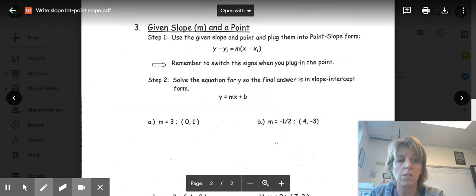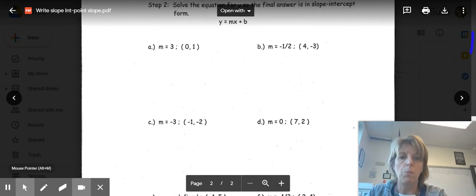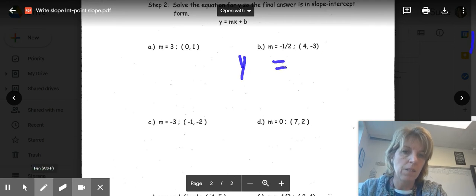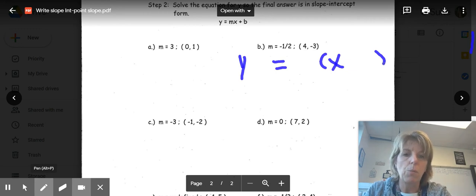All right, let's take a look at a couple other examples. Look at B. I'm given the slope and I'm given the point. So write the template. Write that down because we're going to do that every single time. Now the slope goes right here, -1/2. And the point, we're going to flip.